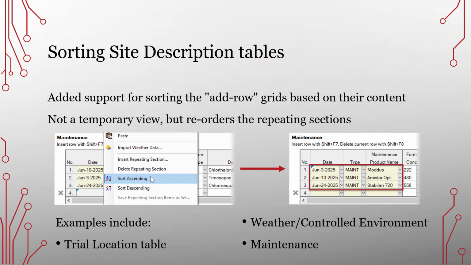There's a lot of records there, but if for some reason they were put in an unusual order, being able to sort would be pretty nice. And then of course the maintenance section that we demonstrated here. There might be a few other smaller tables where, if you're able to add rows, that's where this change applies.